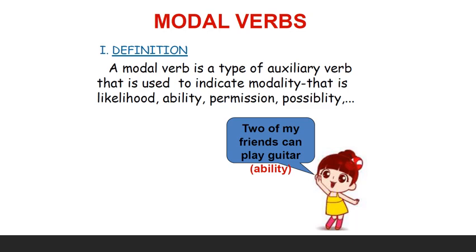These are the main auxiliary verbs. Now we also have the modal verbs, which mainly express ability, permission, and possibility, right? So these modal verbs are also a kind of auxiliary verb.